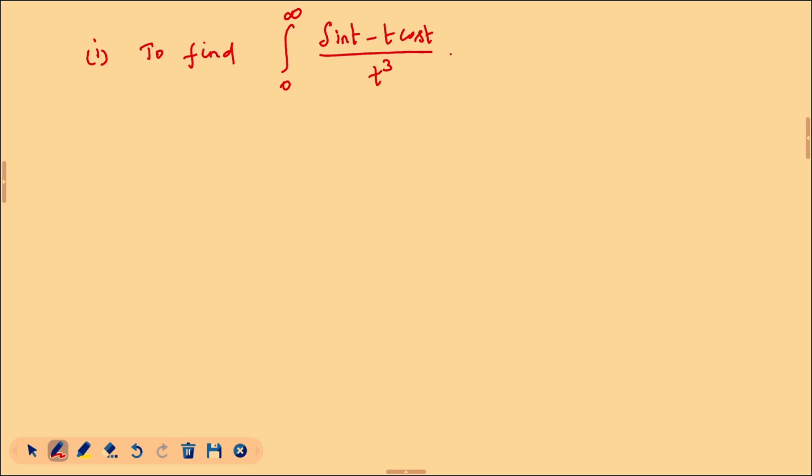To find the value of this, we need the formula of the inverse Fourier transform.